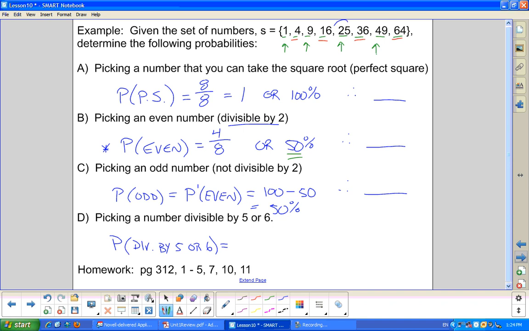So that's divisible by 5, and that's it. Divisible by 6, you always check. You have a calculator, so you can always double check. 36 is divisible by 6, and your 64 is not. So you only have the two possibilities. So there's a 2 in 8 chance, which reduces to a quarter, or 25%. So 25% chance you pick a number divisible by 5 or 6.